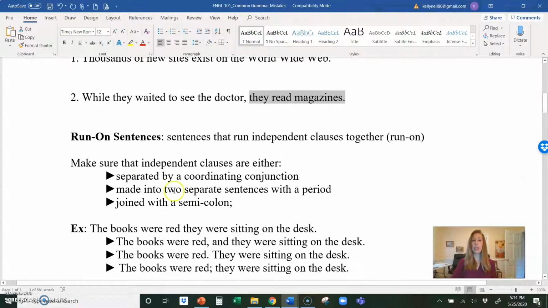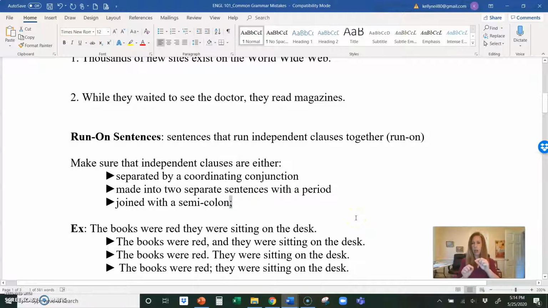Let's go on to the second common grammar mistake, and that is run-on sentences. These are sentences that run independent clauses together, so complete thoughts without any kind of separation between them, okay? So if you have two independent clauses together, you have to make sure that they are either separated by a coordinating conjunction, made into two separate sentences with a period, or joined with a semicolon, which is this little thing right here.